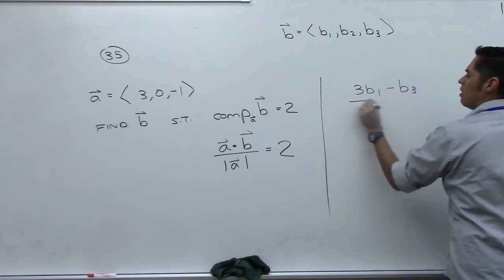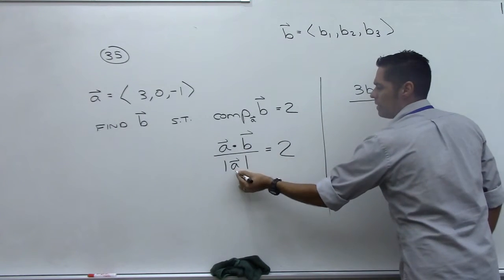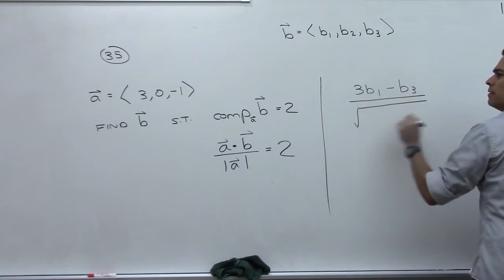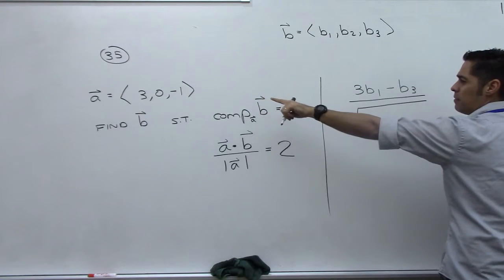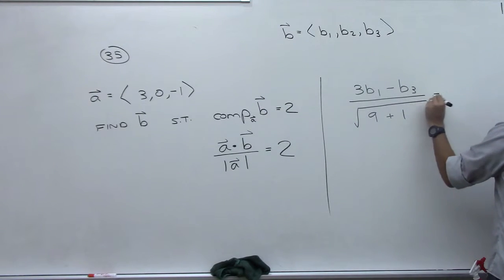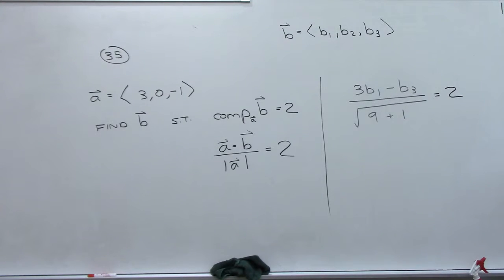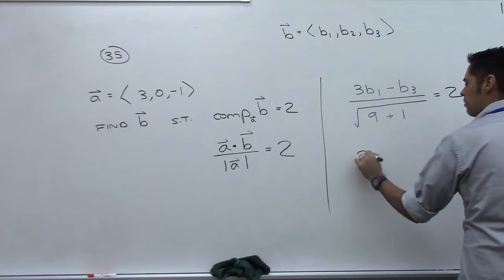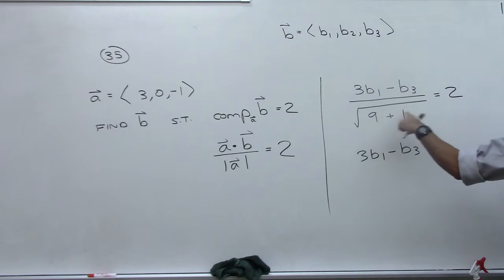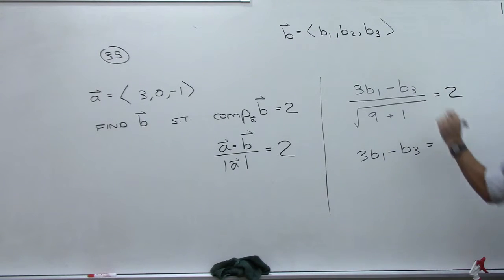That's the dot product on top, over the magnitude of A. The magnitude of A is the square root of the squares of those components. So 9, 0 doesn't matter, plus 1. We need that to be equal to 2. And then 3B1 minus B3 must equal, this is root 10, and just multiply both sides by root 10. So 2 root 10.